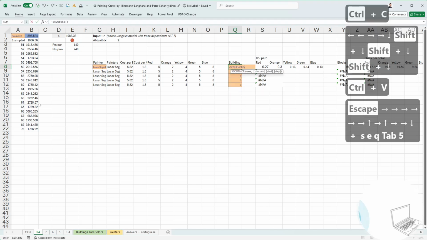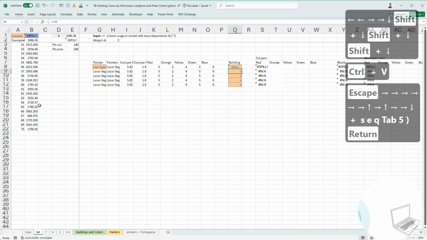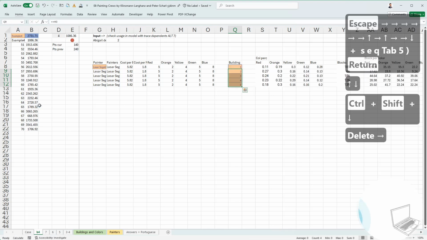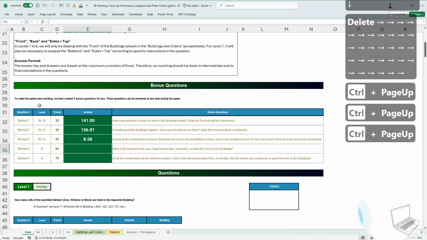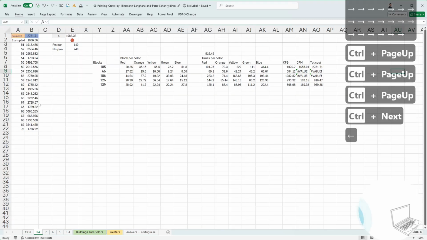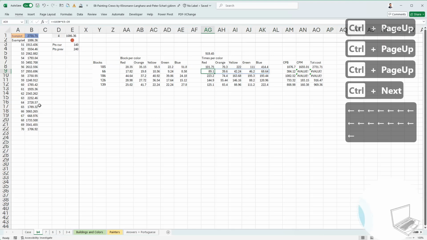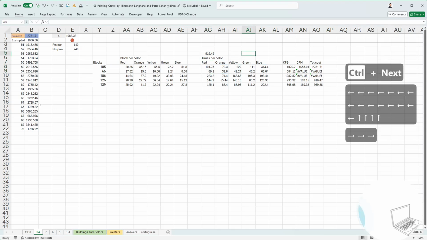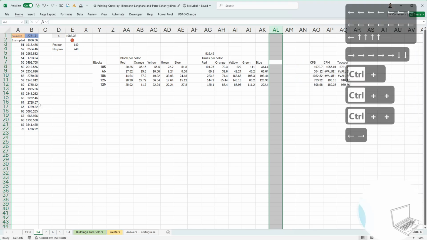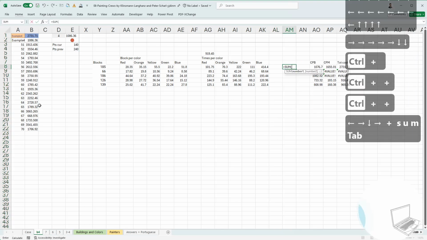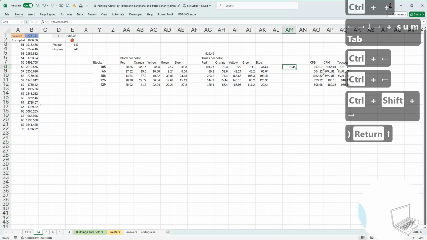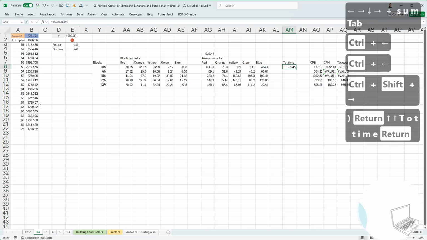This is a sequence of 5. Boom. What's the ask? Total time. So sum this total time.